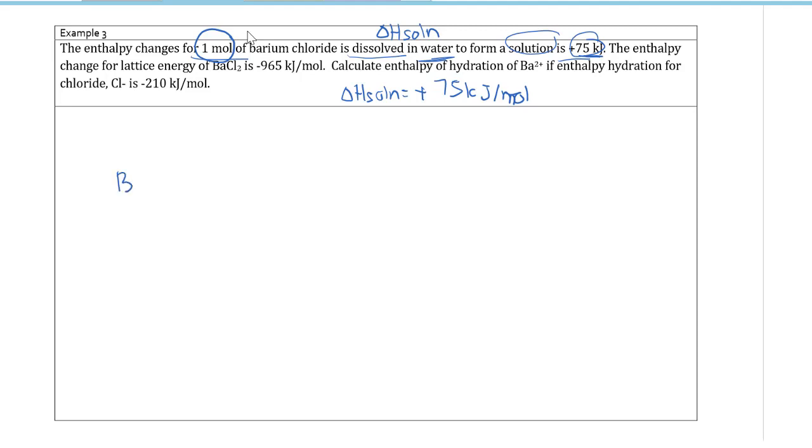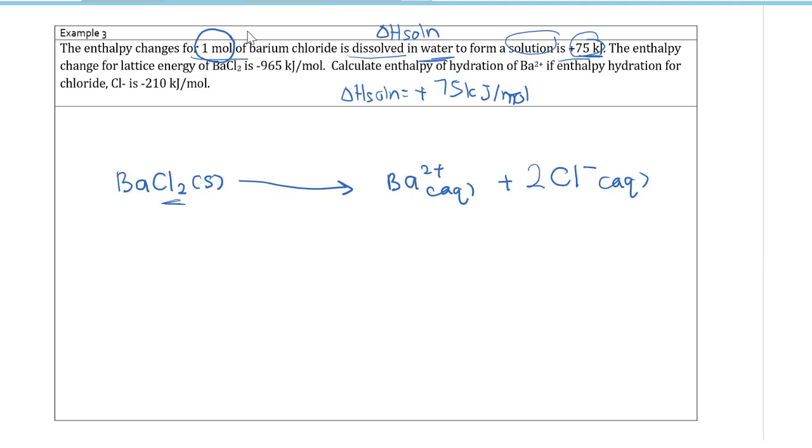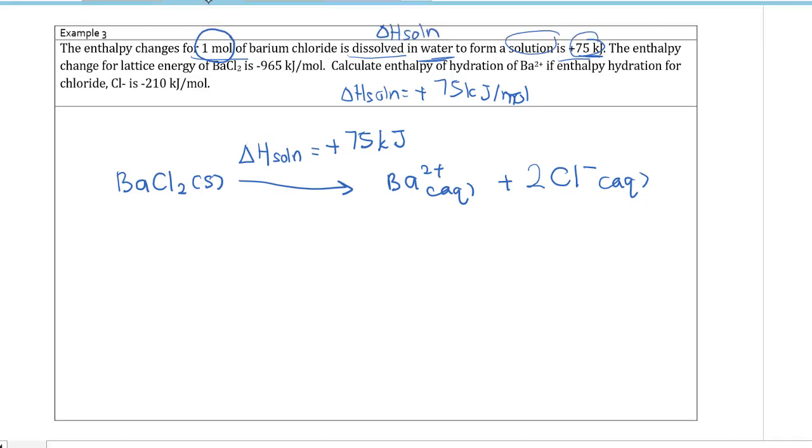So 1 mole of barium chloride, this is your salt, dissolves in water to form solution. But you need to balance the equation, so here you have 2Cl, so you need to have 2Cl here. In the cycle, we only write down the unit kilojoule. So that's the first data given.